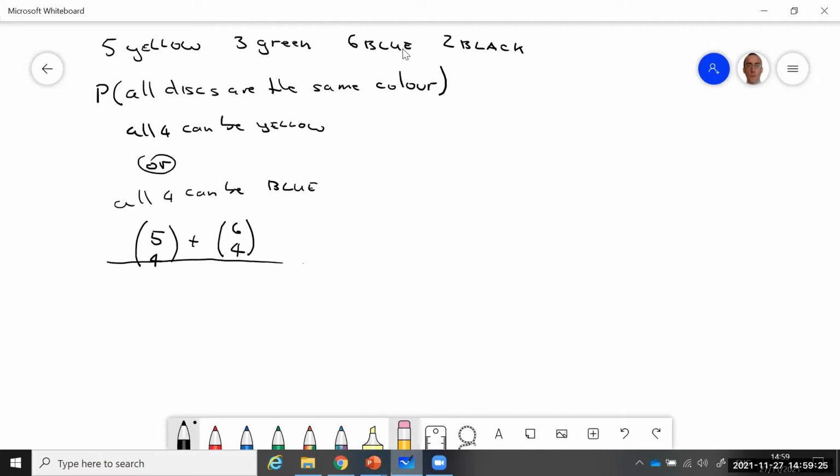That's all over the total number of ways of choosing 4 things from 16 discs, which is 16 choose 4. If you work that out on your calculator, you would get 1 over 91. So the probability of picking out at random all 4 of the same color is 1 over 91.